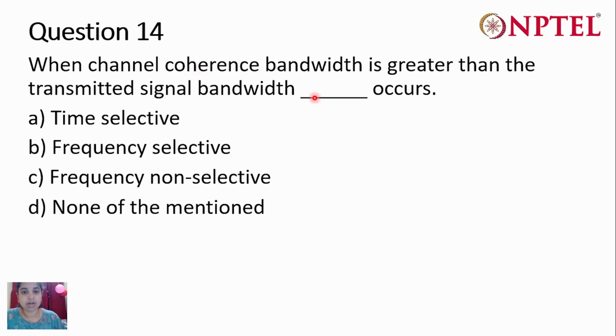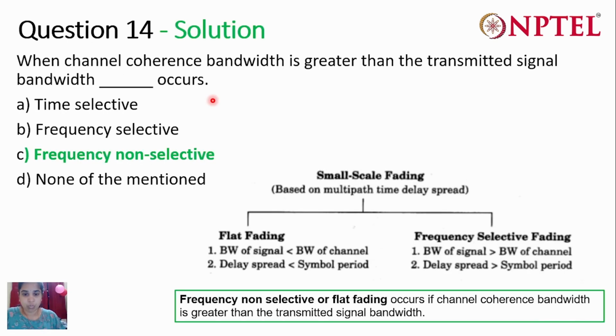When the channel's coherence bandwidth is greater than the transmitted signal's bandwidth, what kind of fading occurs? Frequency non-selective. Yes, frequency non-selective, or you can also call it flat fading.